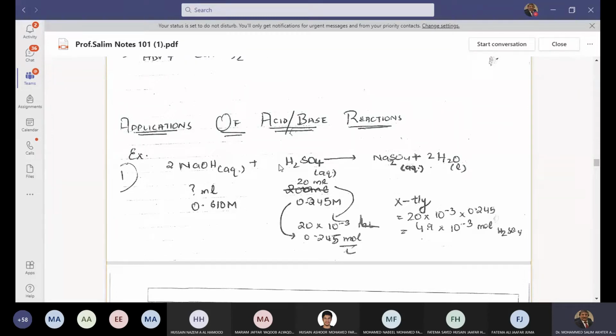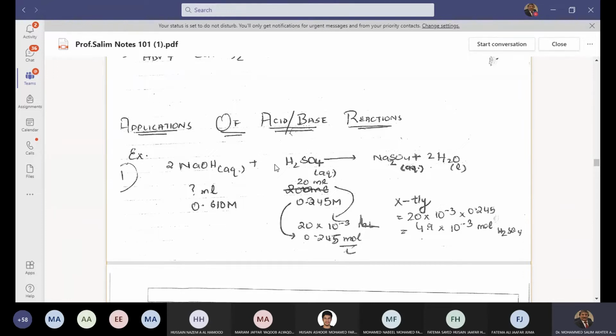Am I right? Is this what you did in the lab? Yes. If it is 1 to 1, no problem at all, and you can use M1V1 equal to M2V2.